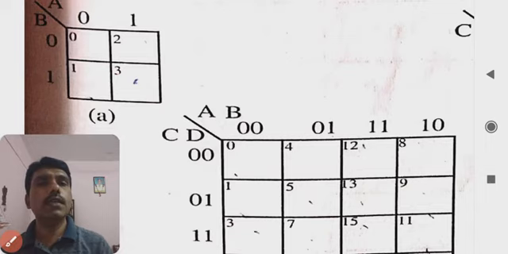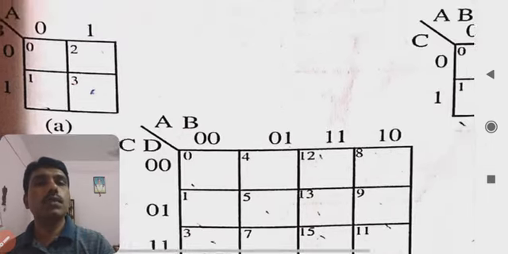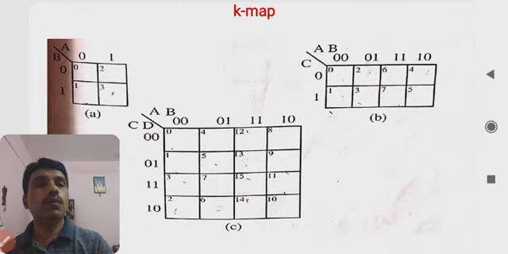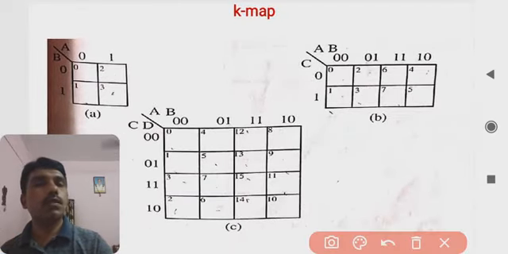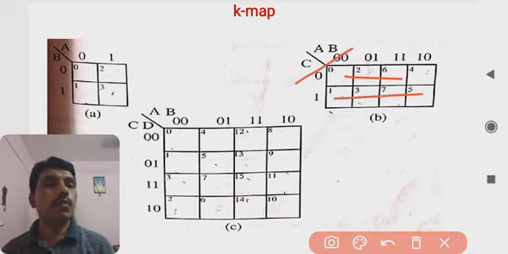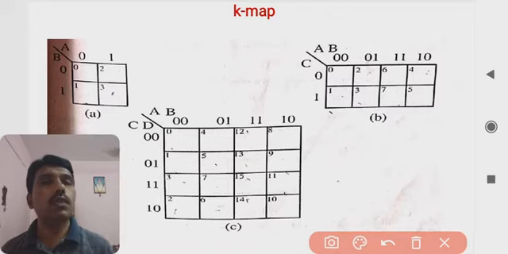So these 4 cells are basically used for 2 variables, and can be used for either the SOP form or the POS form. Here is the part for 3 variables, and definitely 8 cells will be there, and the values will be 0 1 3 2 4 5 7 6 in the cells.